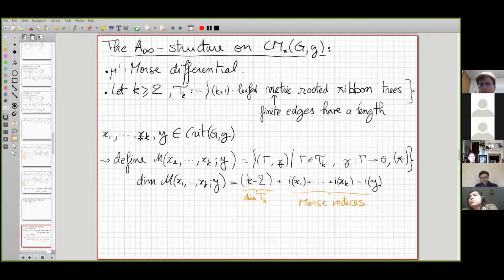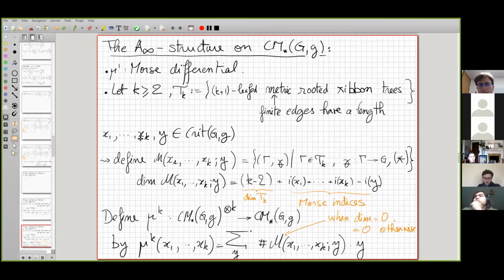And with these moduli spaces, when they are dimension 0, we're going to count them and use them to define the infinity structure. So we're going to define the operation mu k that takes k inputs in the Morse homology and spits out one output by the count of these moduli spaces when they are dimension 0, and otherwise it's 0.